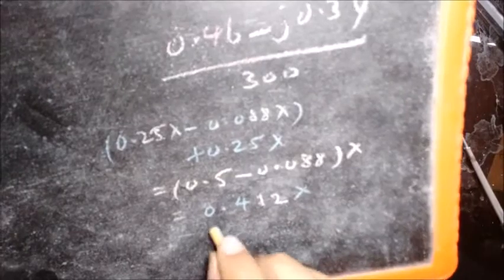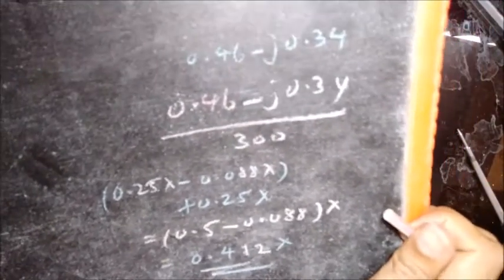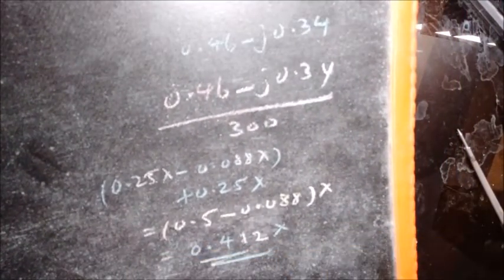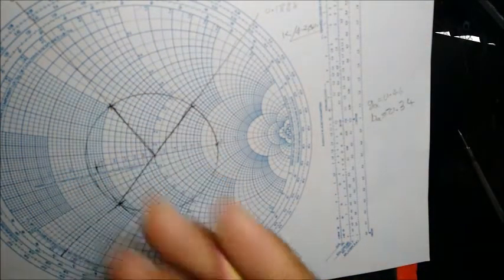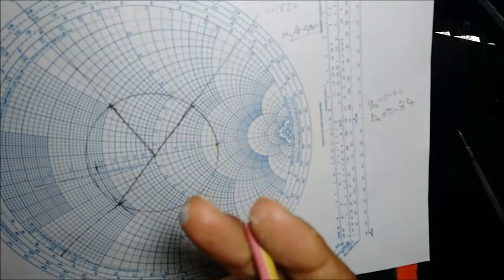So that is, which means that at a distance of 0.412 lambda from the load, you encounter the first R min. And where you have R min, you have E min. So that part is answered.